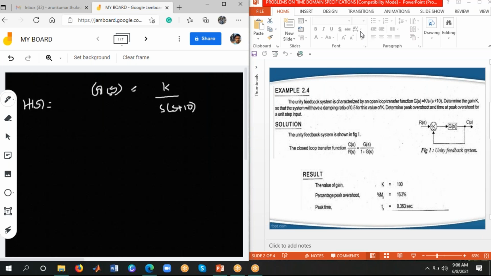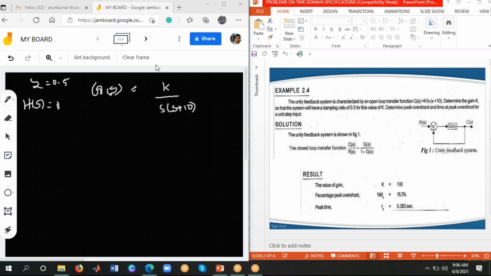H of s is 1, because it is a unity feedback. Now the given zeta value is 0.5. Zeta equals 0.5. Now we are going to find the K value, the maximum overshoot and the peak time.